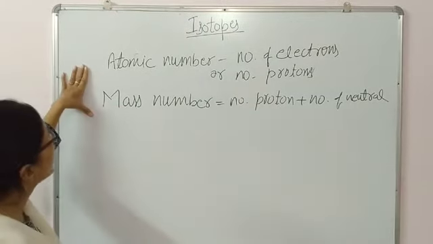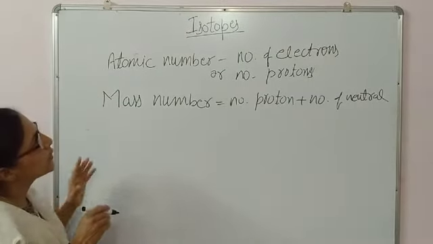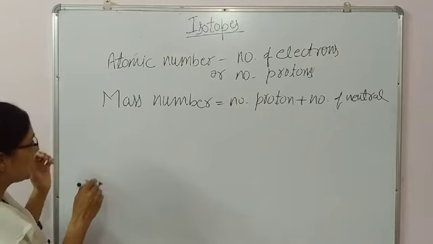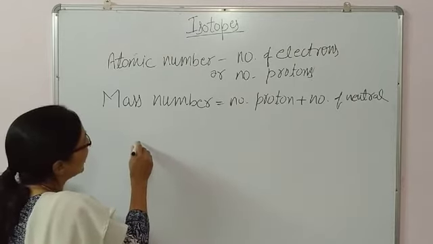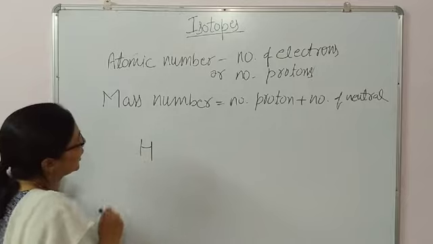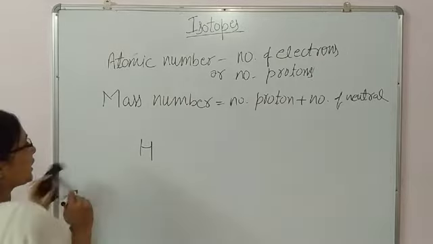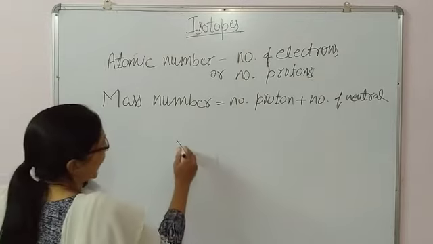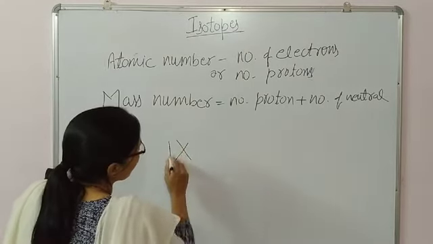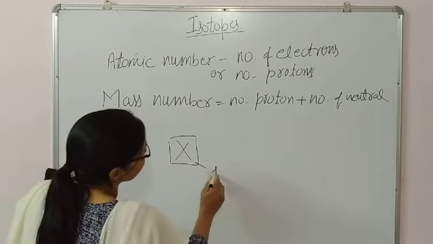Now, in this way, suppose we are putting the symbol of atom, we can say that hydrogen is 1. In general, what is going on? We used to write technically X, that is symbol of element.